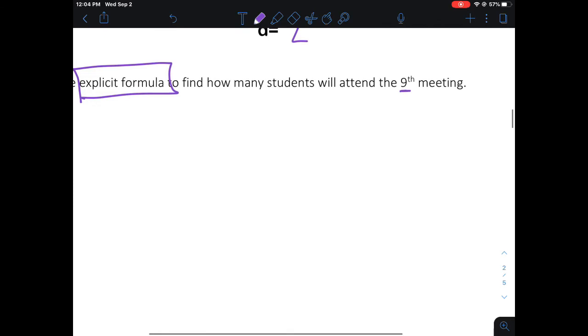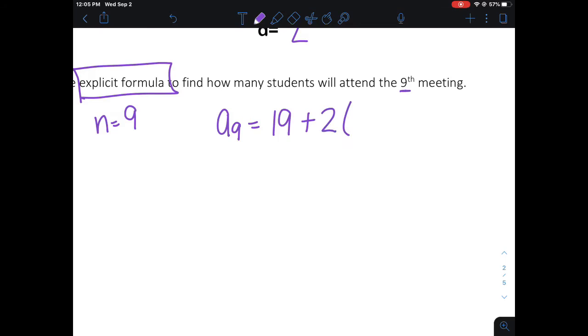So keep that in mind. Everywhere we see an n, we will plug in 9 for the 9th meeting. So A sub 9 equals 19 plus 2 times 9 minus 1, which is 19 plus 2 times 8.